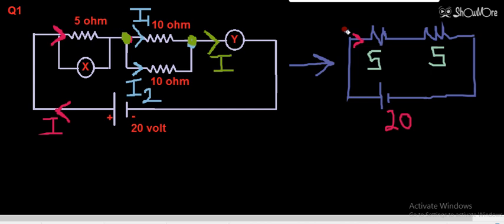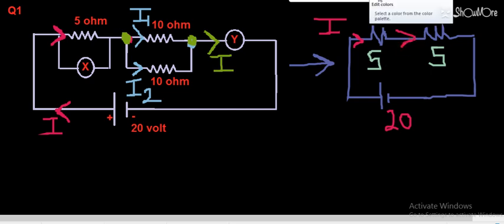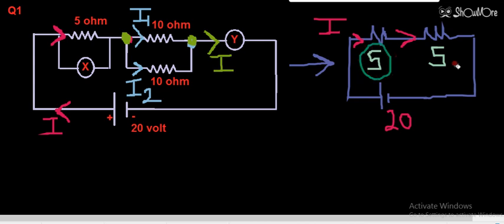Let's suppose current I is flowing through this resistance, then obviously you can see the same current will flow through this next 5. So now you can say this 5 is in series with this 5. Now the next diagram I can draw. 5 and 5 will be in series, so they will be combined and they will give me 10 ohm.